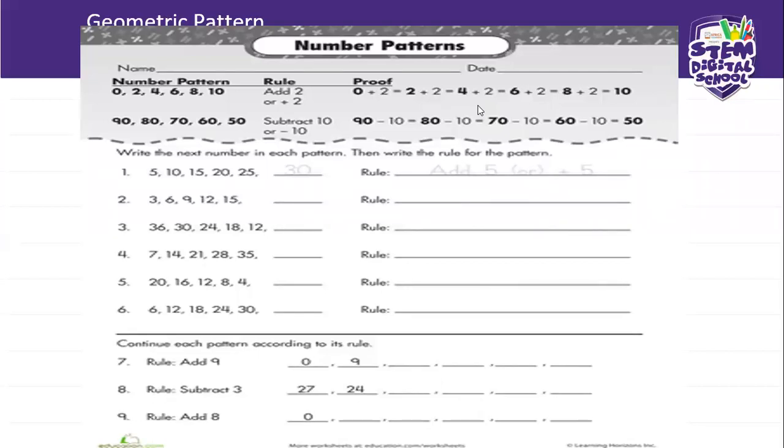Let's start from number 2. Number 2 wants us to add what? Well, it wants us to add 3, sir. So number 2, you must be adding 3. So what is the rule? The rule is to add 3, sir.